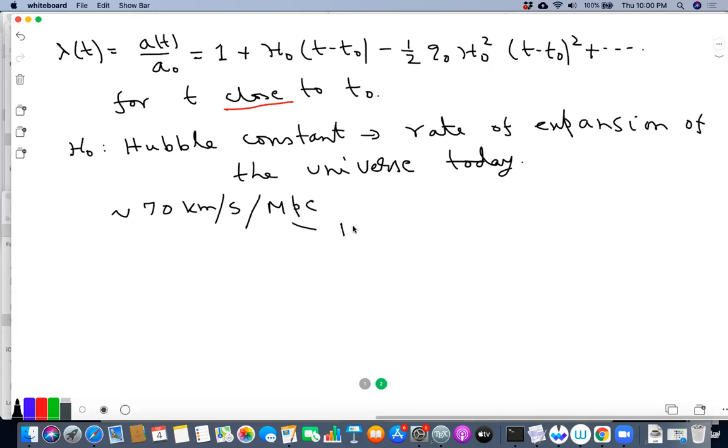This is 10 to the 6 parsec, which is 10 to the 6 times 3.26 light years. Which means that if you have two objects in the universe that are separated by this much distance, then on average they move away from each other at a speed of 70 kilometers per second.